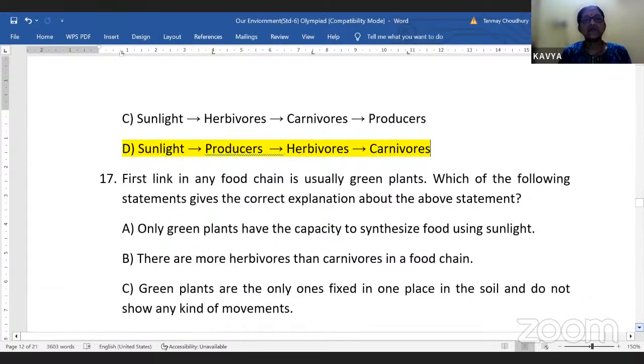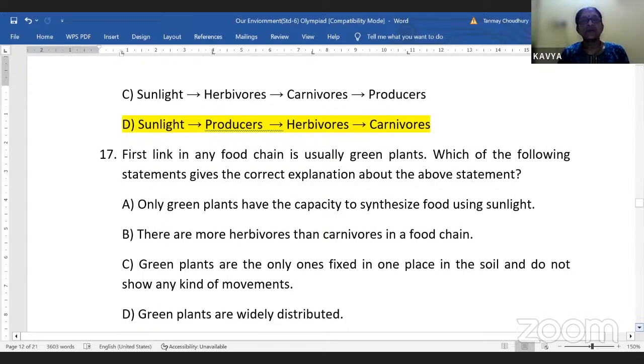The first link in any food chain is usually green plants. Which of the following statements gives the correct explanation? Only green plants have the capacity to synthesize food using sunlight. This is the correct statement.